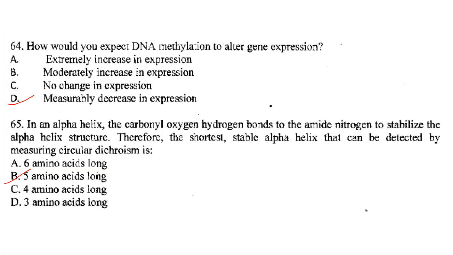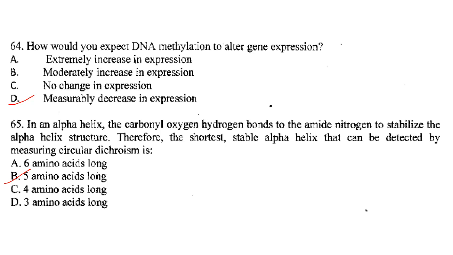Then next one. How would you expect DNA methylation to alter gene expression? So DNA methylation, it decreases expression. Answer is option D. Then next one. In an alpha helix, the carbonyl oxygen hydrogen bonds to the amide nitrogen to stabilize the alpha helix structure. Therefore, the shortest stable alpha helix that can be detected by measuring circular dichroism is.